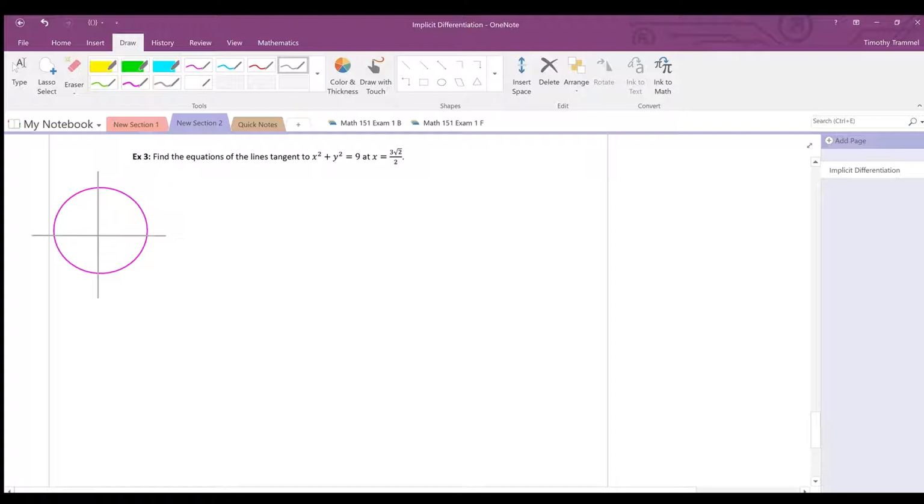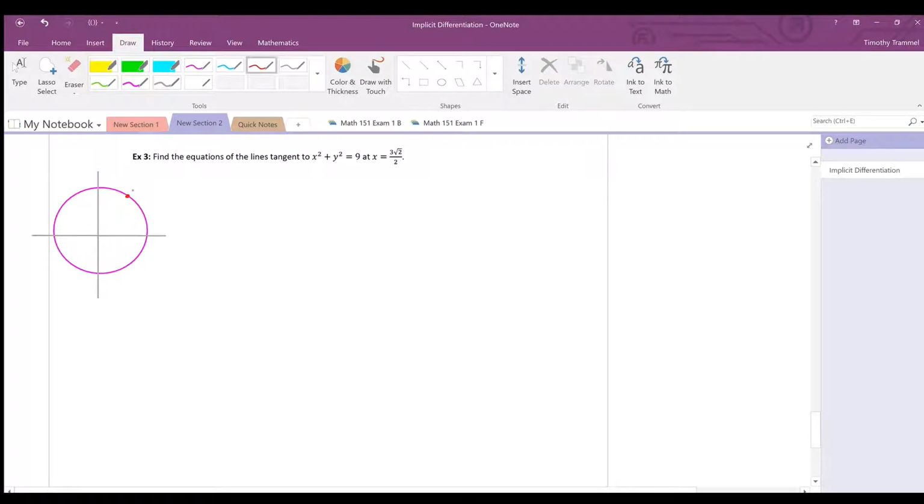All right, there it is. Now, x squared plus y squared equals 9 is a circle of radius 3. This means if we were to go to x equal to 3 square root of 2 over 2, that would be here.